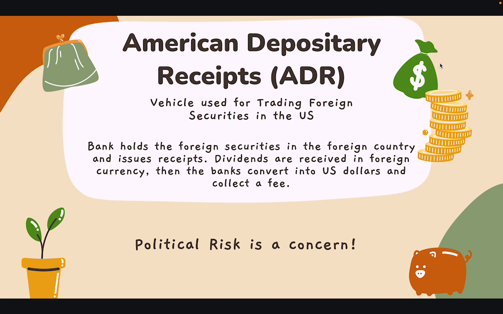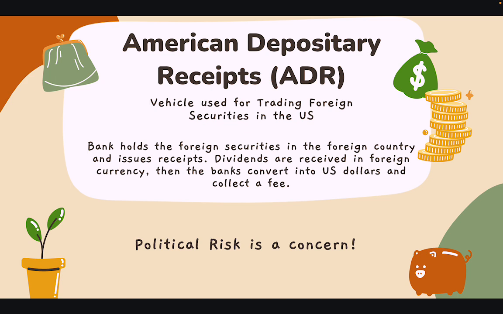Okay. And lastly, we're going to talk about American depository receipts. These are vehicles used for trading foreign securities in the U.S. So here's how it works. A bank holds the foreign securities in the foreign country and issues you in the United States, in this example, a receipt saying, yes, you purchased it, here's your receipt.